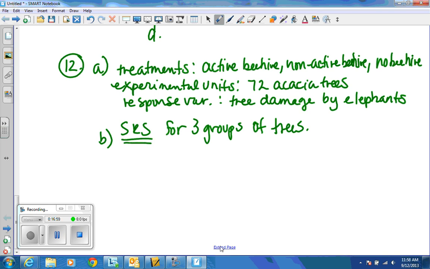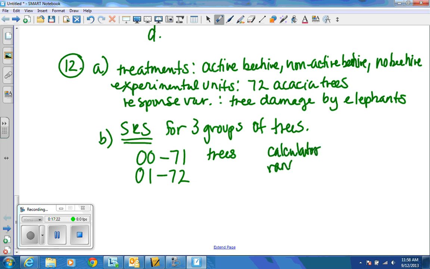Okay, so let's see, there's 72 different trees. So you could assign digits like 00 to 71 or 01 to 72, however you want, and assign those to your trees. Then you could have your calculator do the random digits.